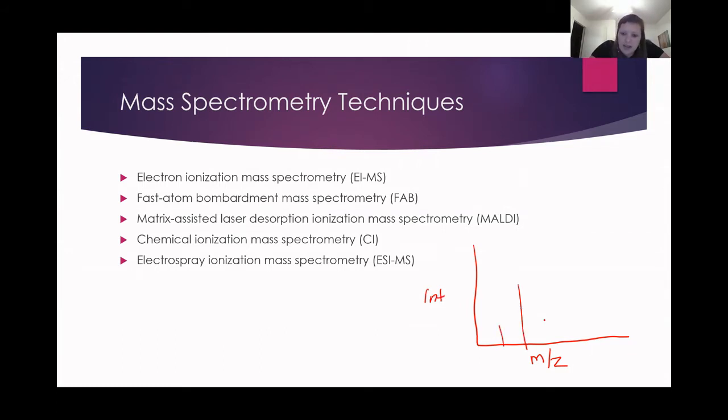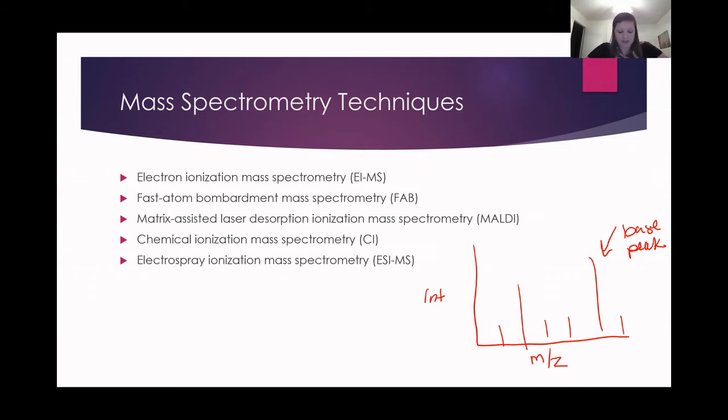You'll see in mass spec some amount of lines. The highest line is called the base peak. The base peak is arbitrarily set at 100 intensity, and everything else is recorded as some amount of that base peak. The number of peaks recorded depends on the sensitivity of the detector.